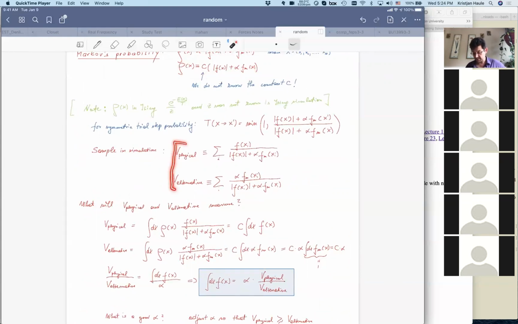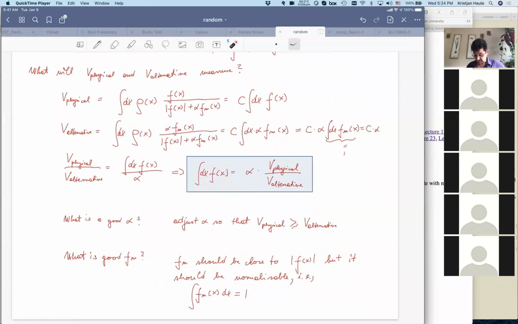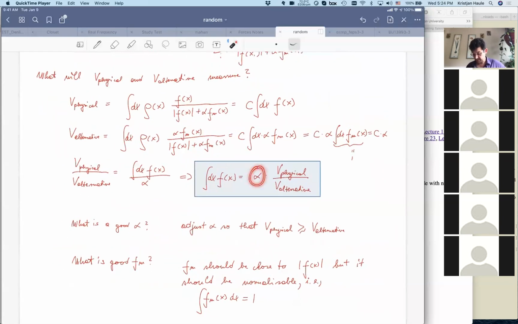We measure these two quantities, and from these two quantities we can then calculate the integral, and that's what we want. Now the only question is how to determine this alpha and how to determine an Fm.